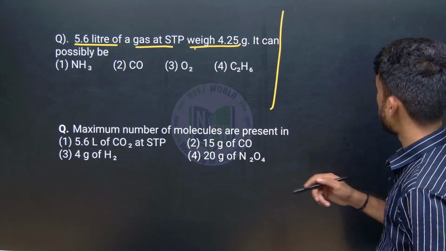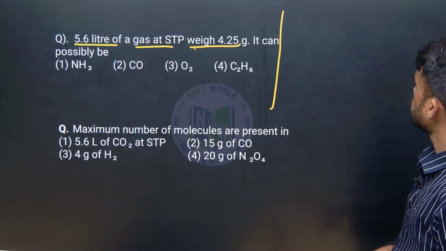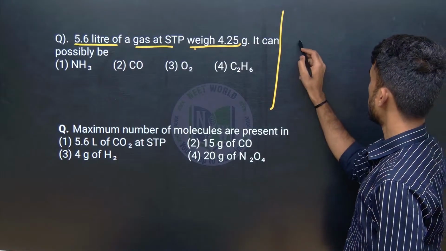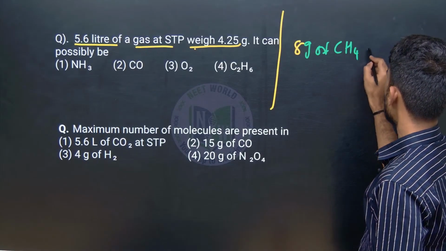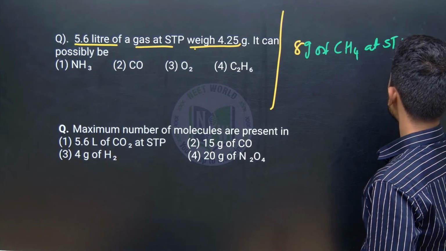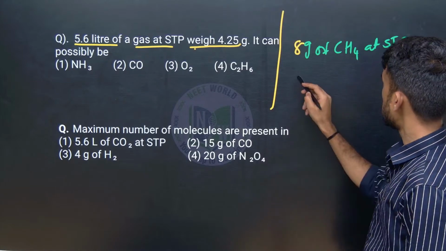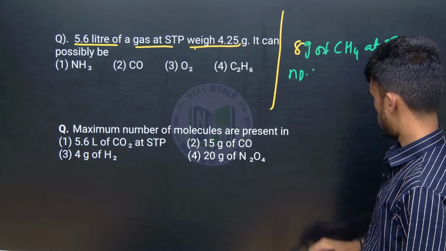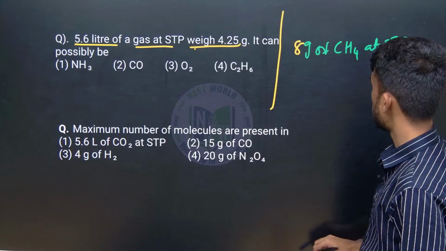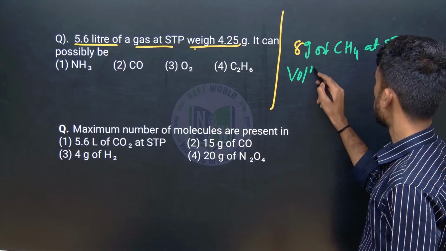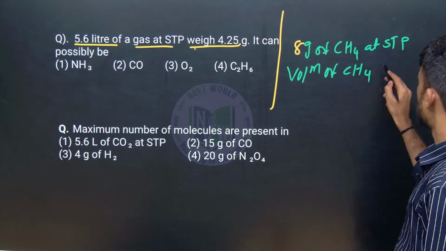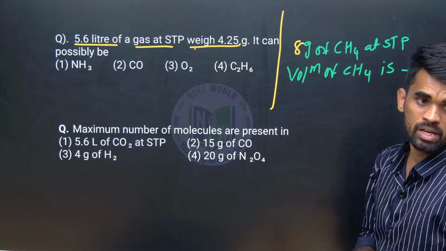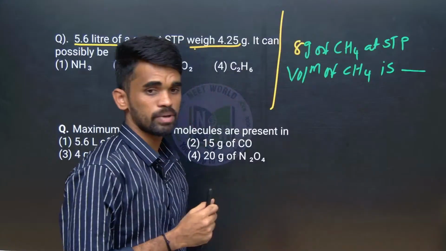I am giving you 8 grams of methane at STP. Tell me the volume occupied by methane at this condition.